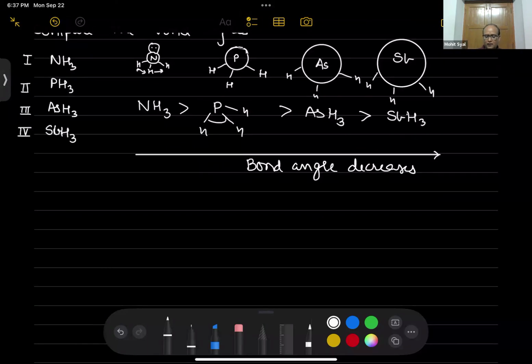Now, for example, H2O and H2S. Whose bond angle is more? Oxygen and sulfur, the central atoms are one below another.